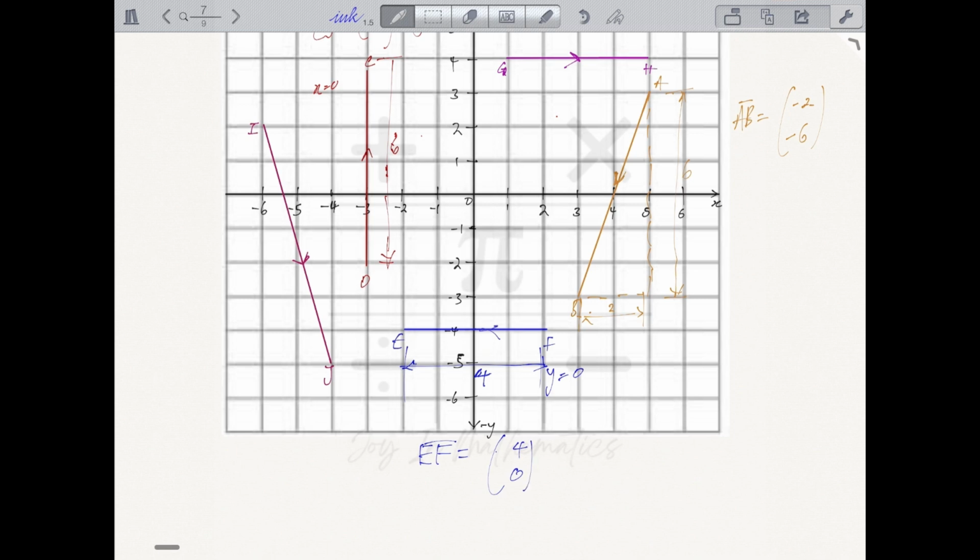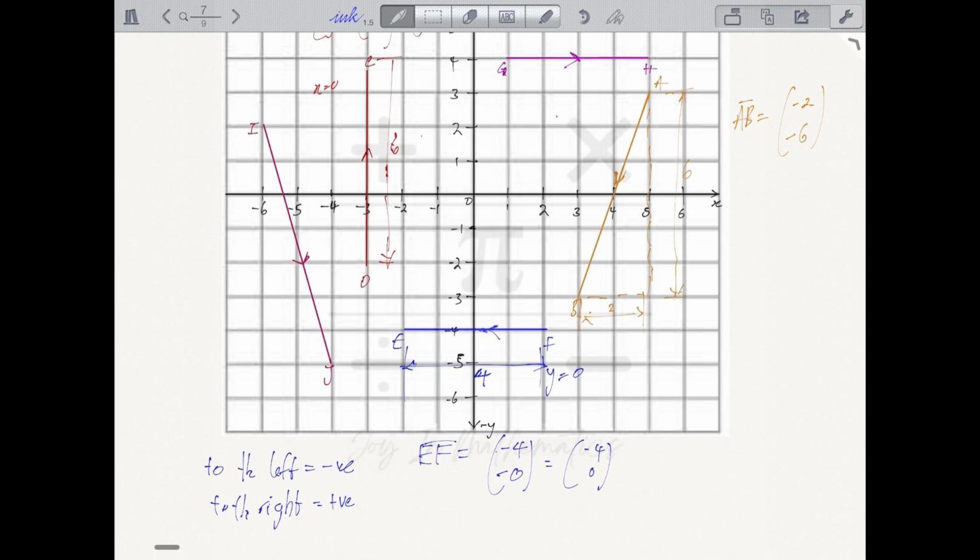If it's moving towards the left, it is negative, and if the direction is to the right, it is positive. Since it's moving to the left, we have -4 and -0, and this will give us (-4, 0). So that's for vector EF.